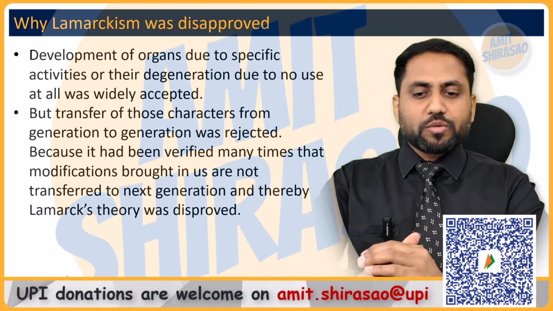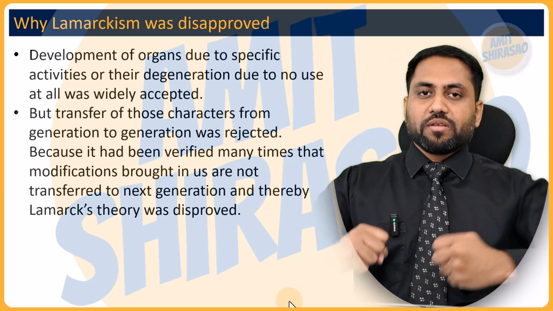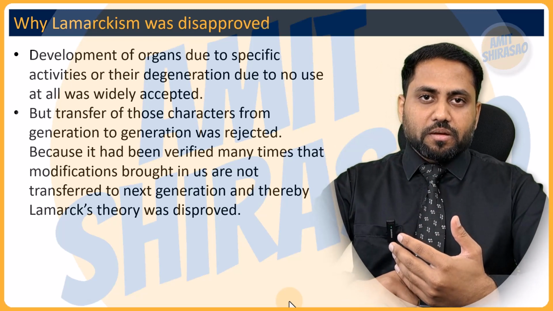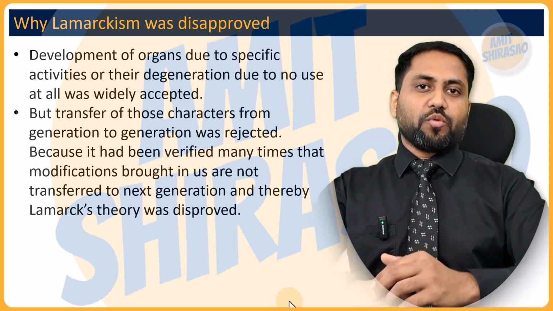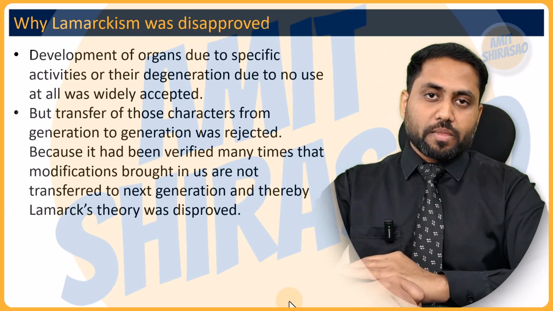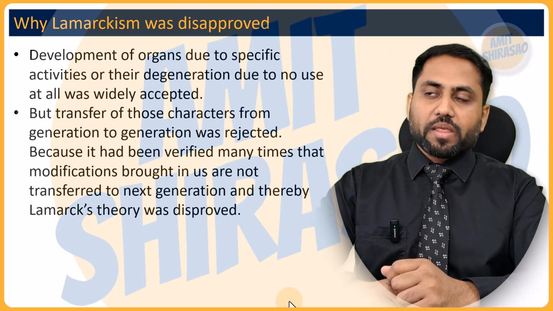See, what people said is, okay, you say that blacksmiths have built up their bodies. It doesn't mean my child will also have a good body. The child has to build his or her body on their own. So this is an objection to Lamarck's theory.